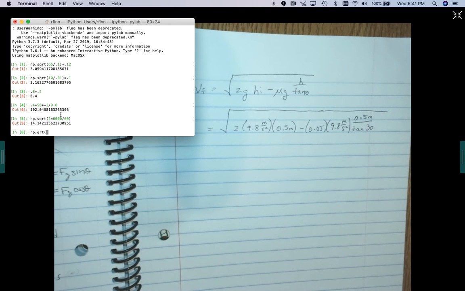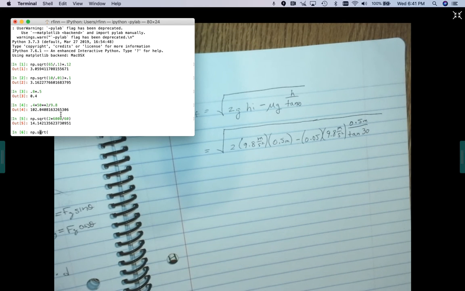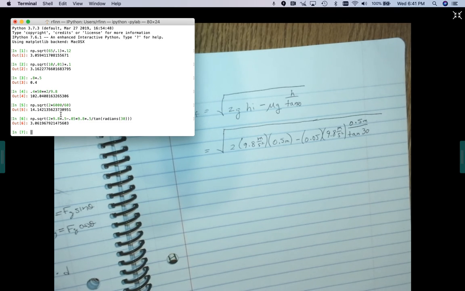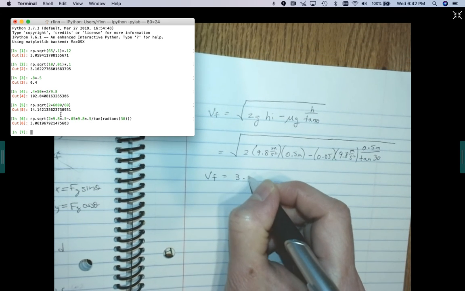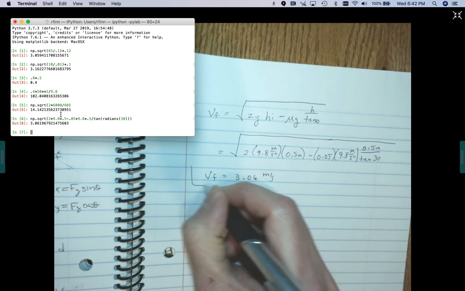Square root of 2 times 9.8 times 0.5 minus 0.05 times 9.8 times 0.5 divided by the tan, and just forgive me here, and just convert that into radians for 30. Okay, v final is 3.06 meters per second.